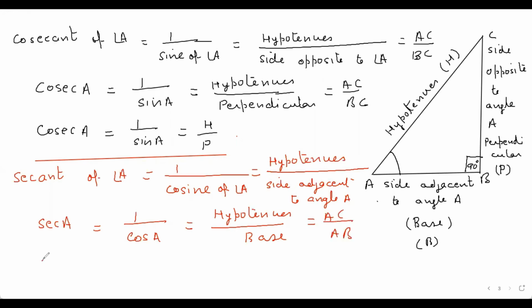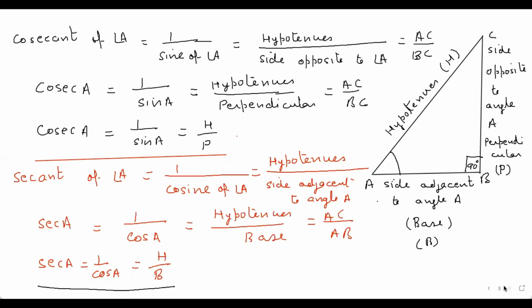So sec A is equal to 1 over cos A is equal to H by B. Sec A and cos A are reciprocals of each other.